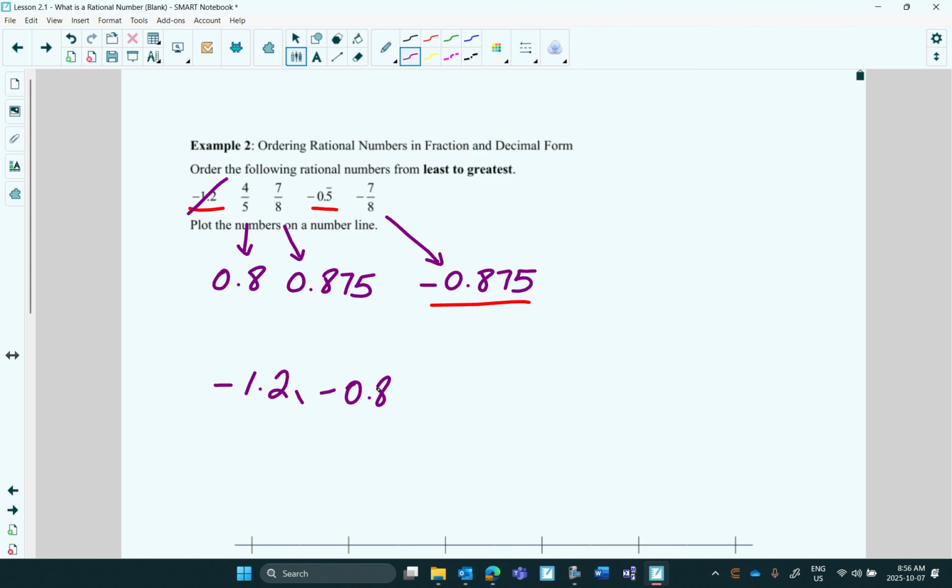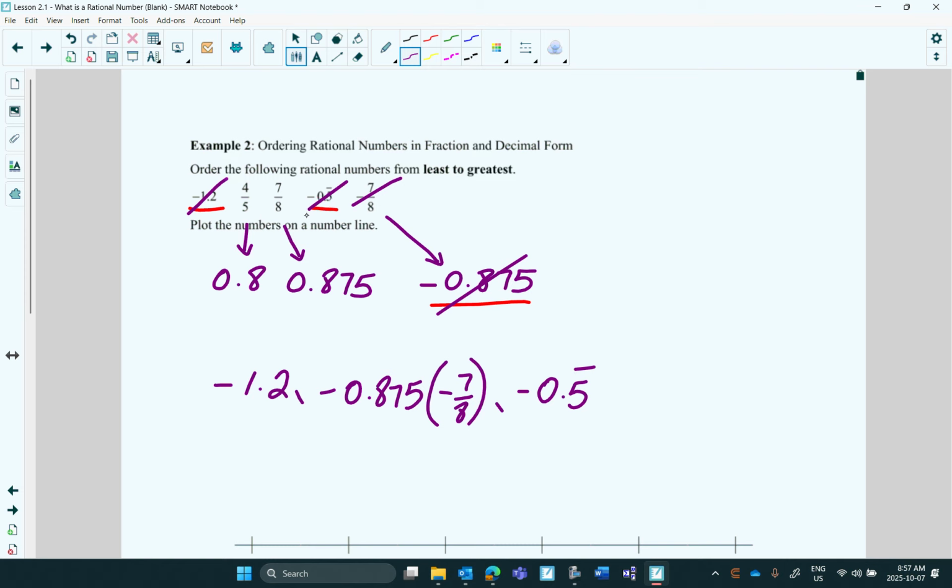Negative 0.875, or the original one, negative 7/8. That takes care of that. There's only one more negative, so obviously that has to be the next one.